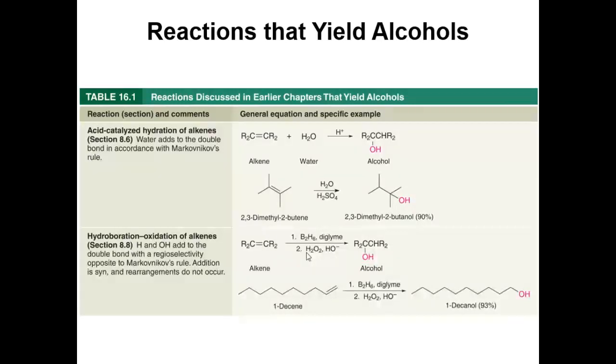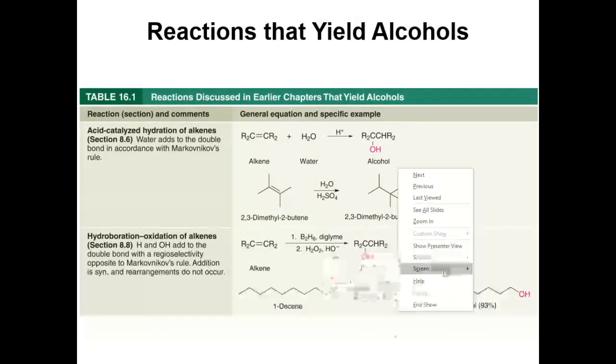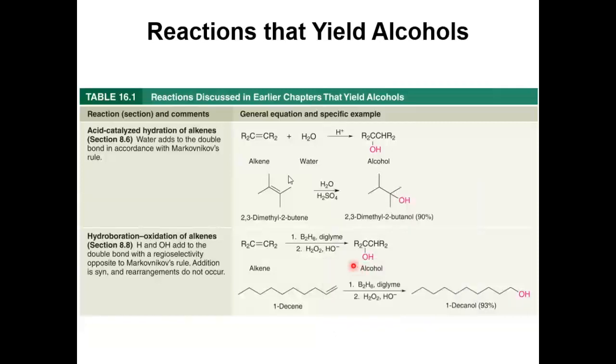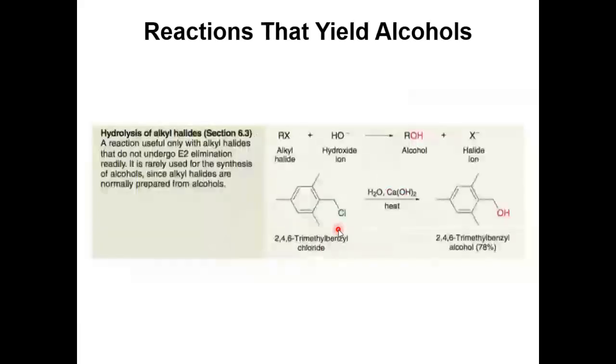The first reaction often involves a carbocation, and this reaction does not involve a carbocation. So technically the first could involve carbocation rearrangement if it's feasible. But hydroboration will never undergo carbocation rearrangement because no carbocation is involved. Okay?